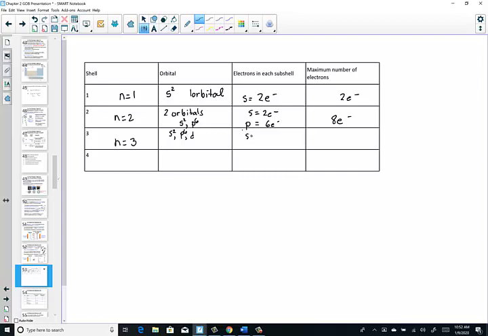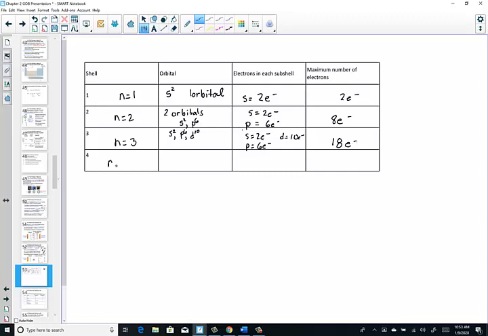So the S holds 2 electrons, the P holds up to 6 more, and the D's, because they have 5 spatial orientations, can hold up to 10 electrons. 2 plus 6 plus 10 gives me 18 electrons.